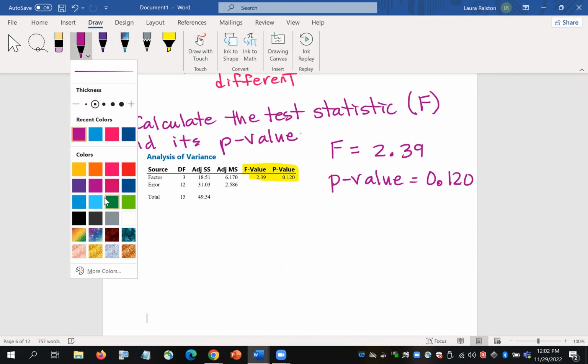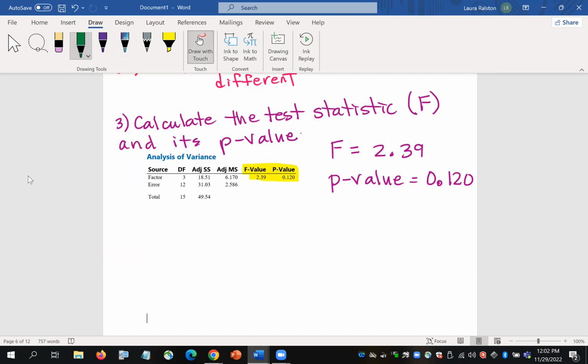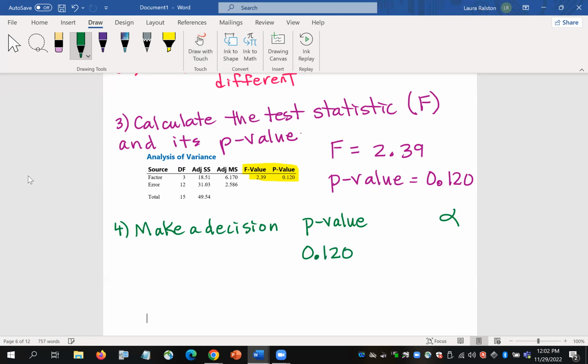So then we go to step 4, where we make a decision. We're going to compare the p-value to our level of significance. So my p-value is 0.120. My level of significance is 0.10. So I'm going to make the comparison.